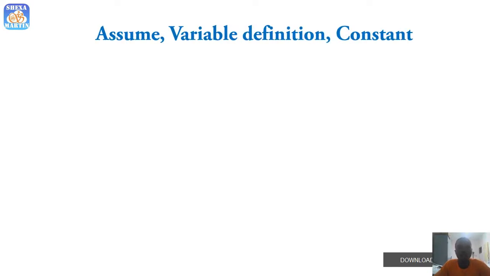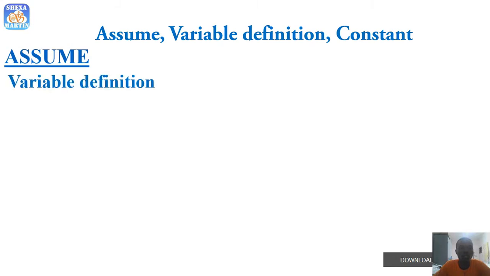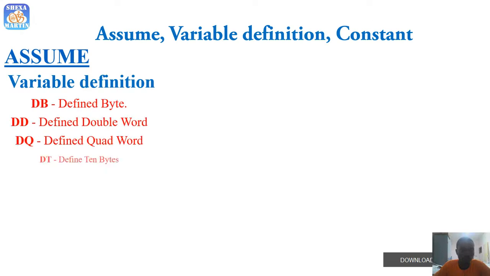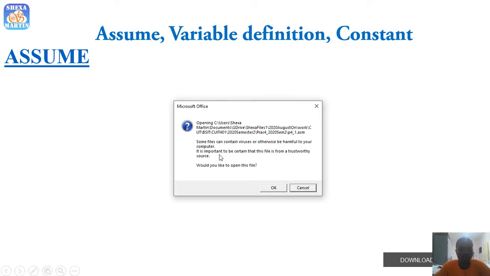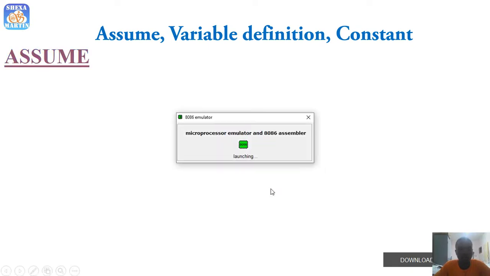So we have assume, variable definition, constant. All these, assume is one of the examples of assembler directives, right? So with assume, let's start with assume and get the program example from assume.